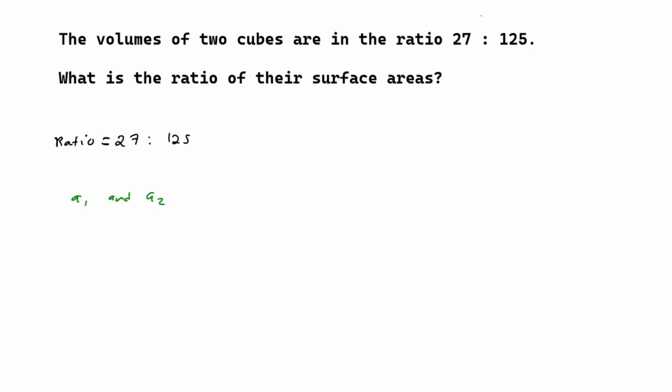Now, since volume is equal to A cubed, this has to be true: A1 divided by A2, cubed, has to be equal to 27 over 125. So we're basically finding the edge length ratio.